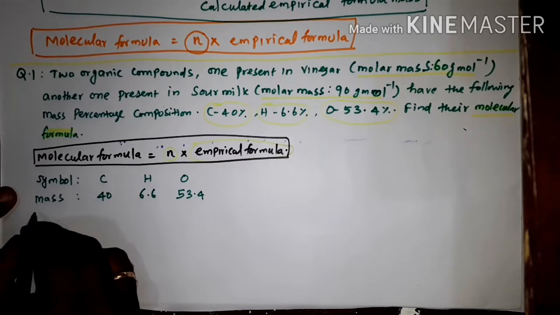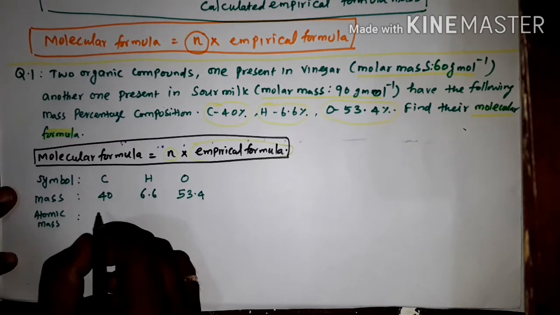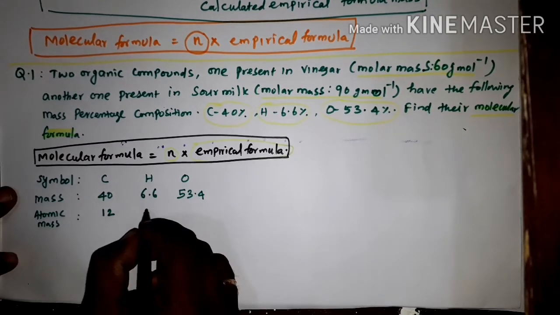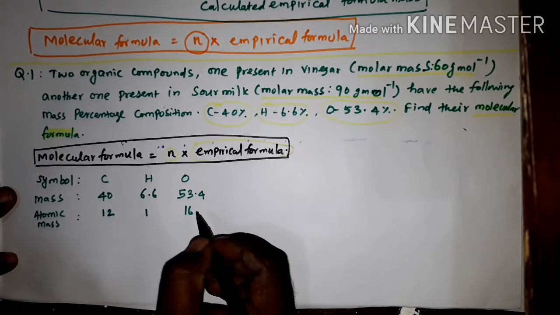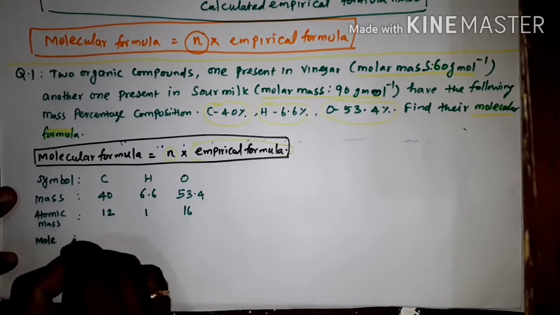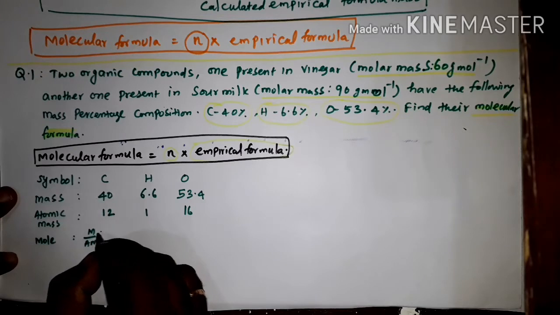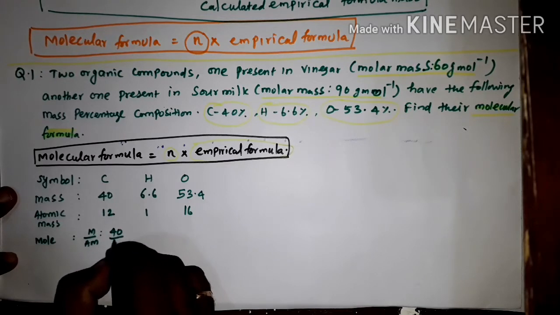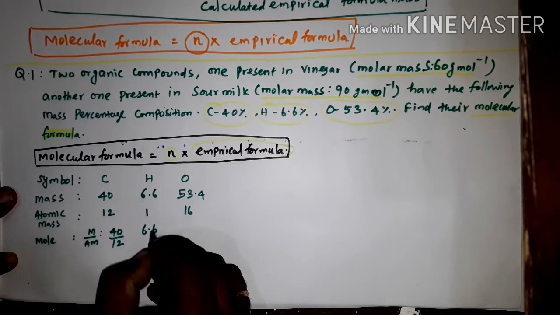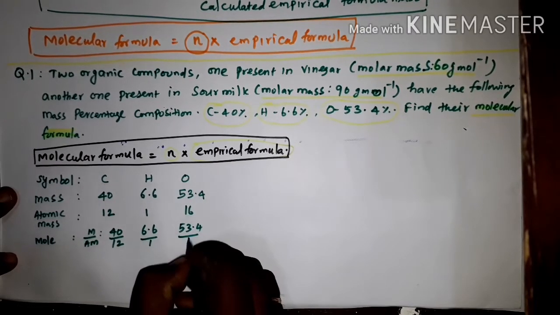Next, atomic mass. Carbon 12, hydrogen 1, oxygen 16. Next is mole: mass divided by atomic mass. So 40 divided by 12, 6.6 divided by 1, 53.4 divided by 16.